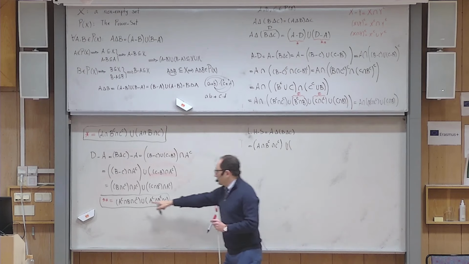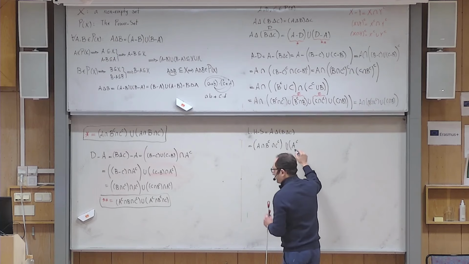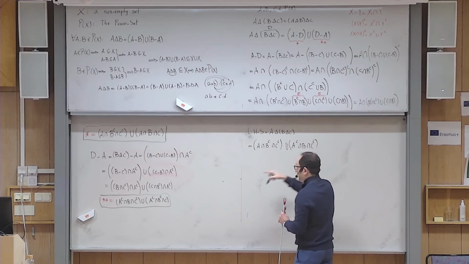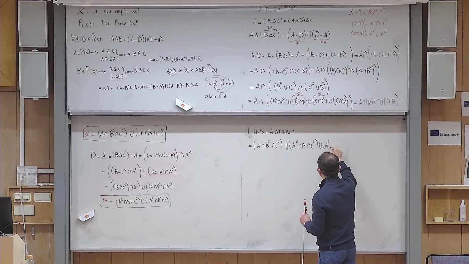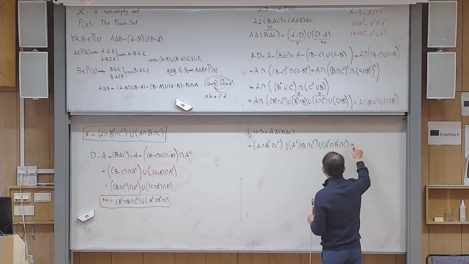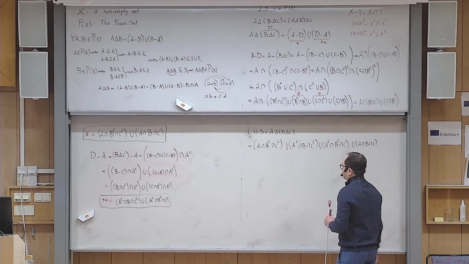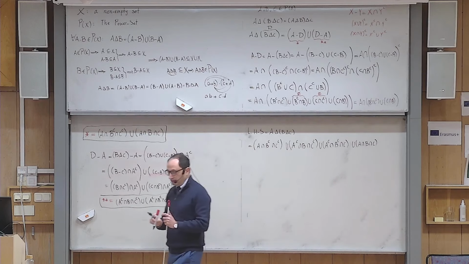I will write this one, A complement, and then intersect B, intersect C complement, and then I write the next. It is A complement, intersect B complement, intersect C, and the last one, union A intersect B intersect C. So I was able to show that the left-hand side is indeed equal to that one.